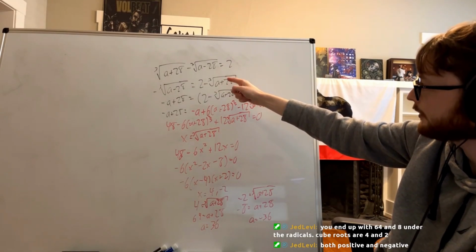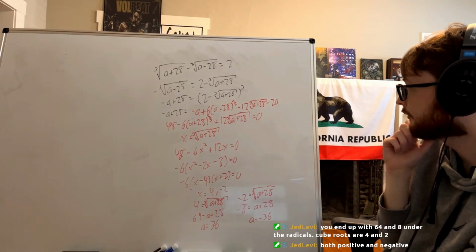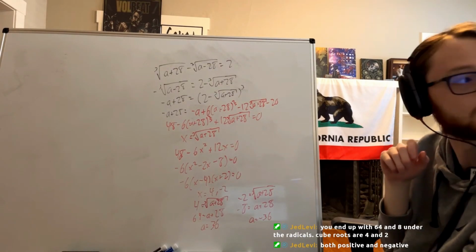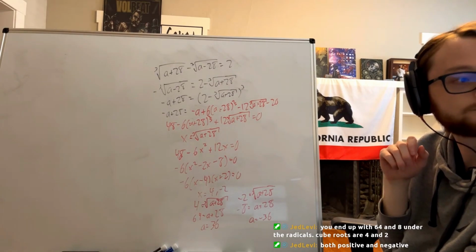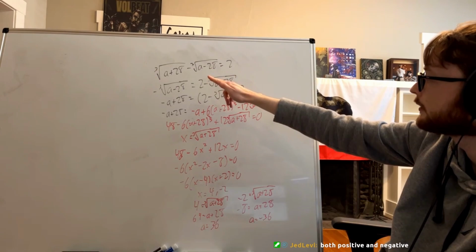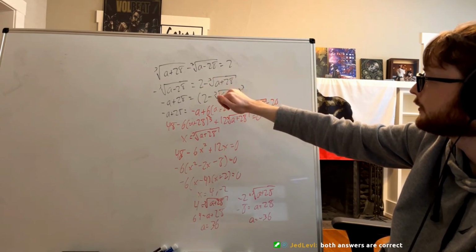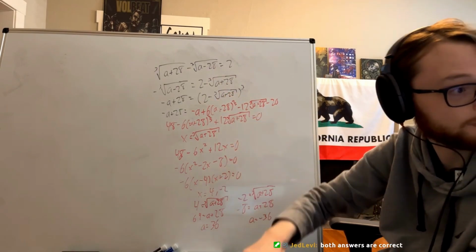So why does Wolfram Alpha get a's plus and minus 36? Am I missing something? If we do positive 36, that should also work. So you get 4 minus 2. Yeah, I think it's plus and minus. Yeah.